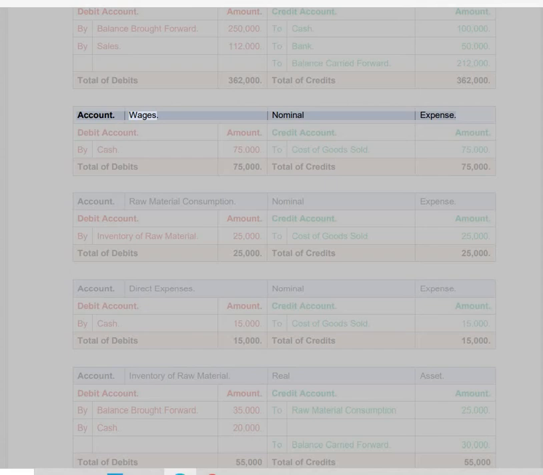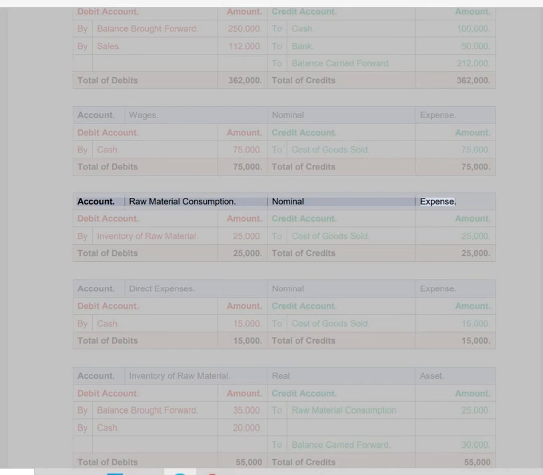Account: Wages. Nominal expense. Debit account, amount, credit account, amount. By cash, 75,000. To cost of goods sold, 75,000, total of debits 75,000. Total of credits 75,000. Account: Raw material consumption.